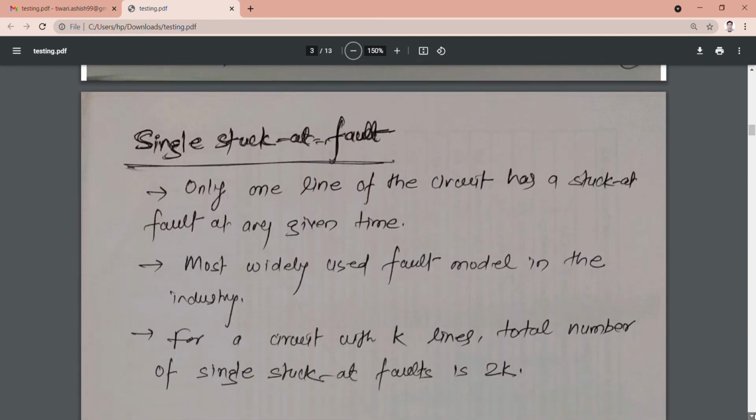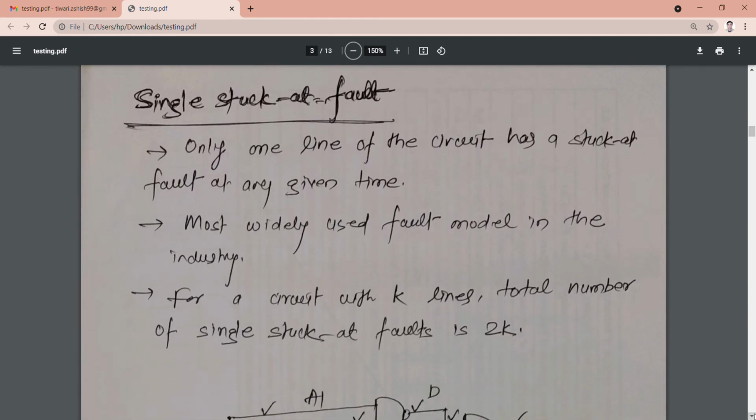Now, single stuck fault. Stuck fault can be of two types: single stuck fault and multiple stuck fault. I have already told you in the previous two classes that if it is not given in your problem or in your circuit, or if nobody asks whether your circuit has a single stuck fault or multiple stuck fault, always assume that your circuit has the single stuck fault model only. Why?